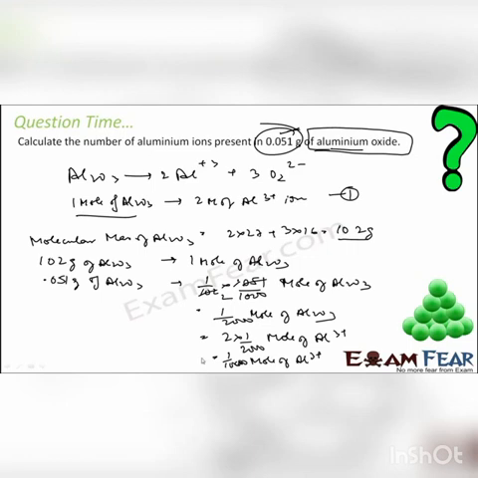So 1 mole of Al3 plus ion is nothing but 6.023 into 10 to the power 23 ions. So these many moles of Al3 plus will be this many moles into a magical number. So you solve it, 1 by 1000 into 6.023 into 10 to the power 23, and that is nothing but 6.023 into 10 to the power 20 ions.